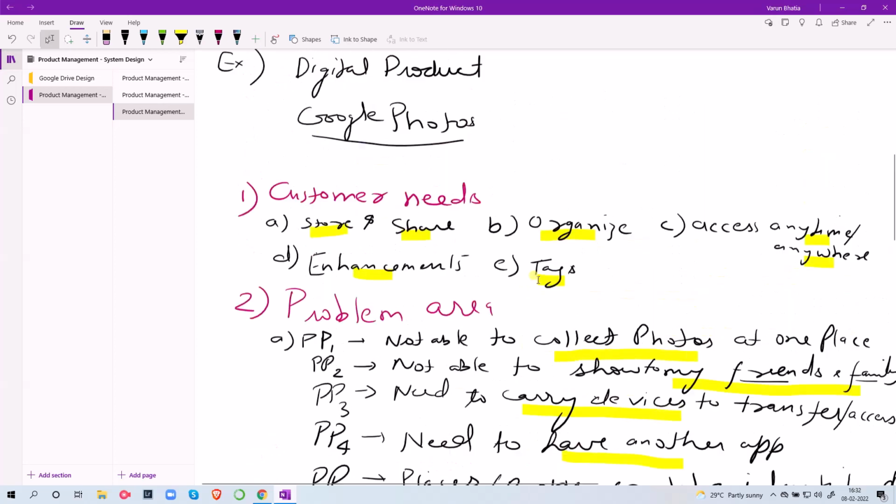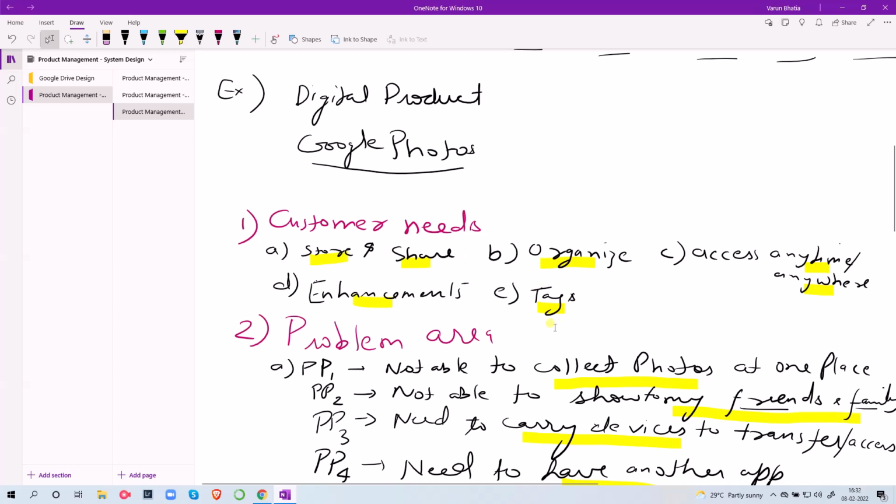Again, you could go back and look at these needs, and then pick up maybe one by one. For example, storage and sharing, you could ask what are some of the problems or the pain points related to storage, right? So storage is essentially like, okay, I don't have storage in a singular device.